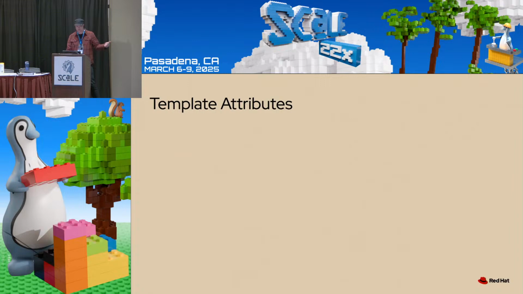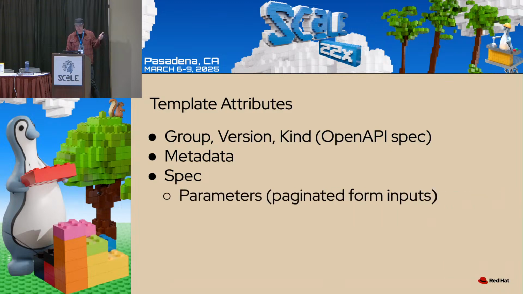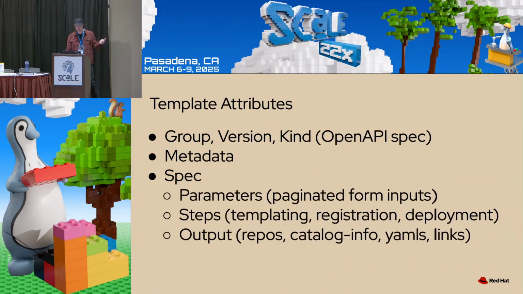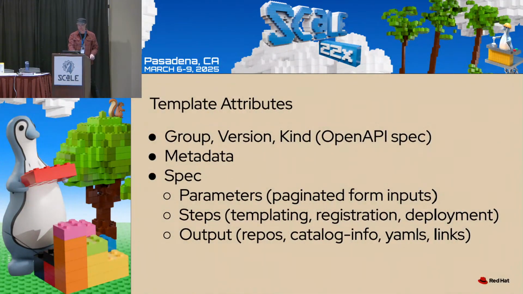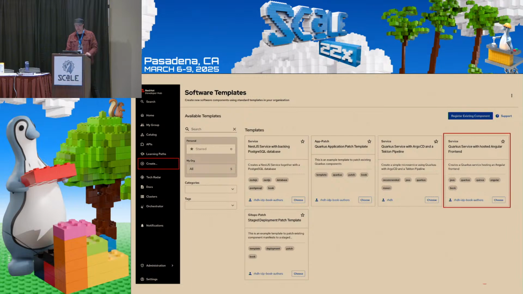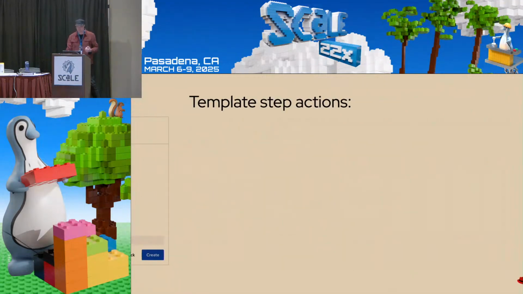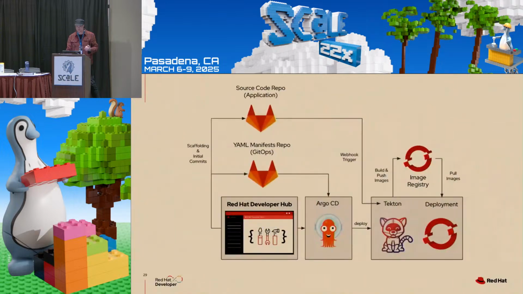So we looked at the Quarkus with Angular repo. We looked at the group, version, and kind, the metadata, and the spec. We stepped through the parameters, the action steps, and the output. And we took a look at the repos, the catalog-info YAML, and the links area. Yeah, we already ran this, and we ran through these template action steps.